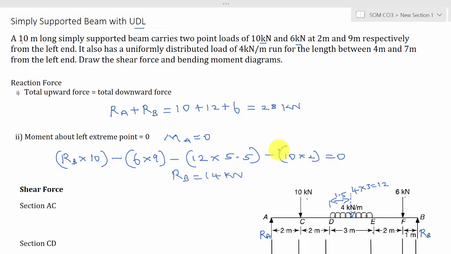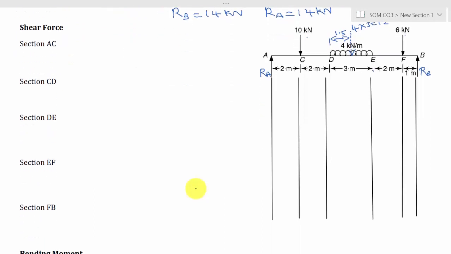Now we can substitute the RB value and calculate RA, which is equal to 14 kilonewton. Now we have calculated the RA and RB values, and we can go to the calculation of shear force.